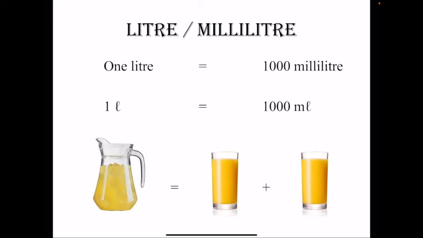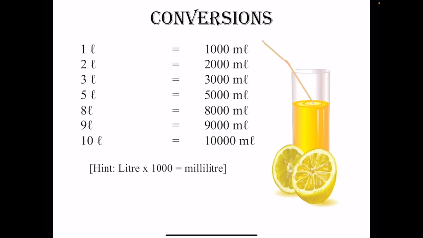Understood, children? So you have to remember this relation that 1 liter is equal to 1000 milliliter. Now let us do some conversion so that you are thorough with them. The basic relation you have to remember, 1 liter is equal to 1000 milliliter.